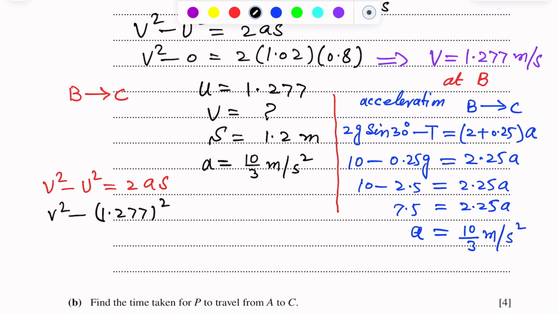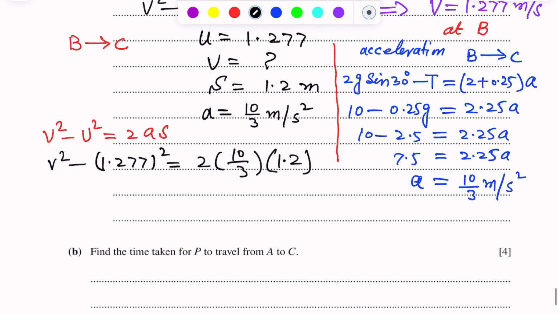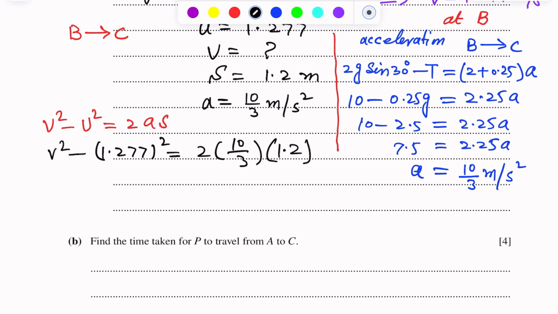1.277 square is equal to 2as. a is 10 over 3. s is distance is given, that is from B to C, that is 1.2. Now we will calculate it and will get the value of v. v square minus 1.277 square is equal to, calculating the right side, we get this is equal to 8.